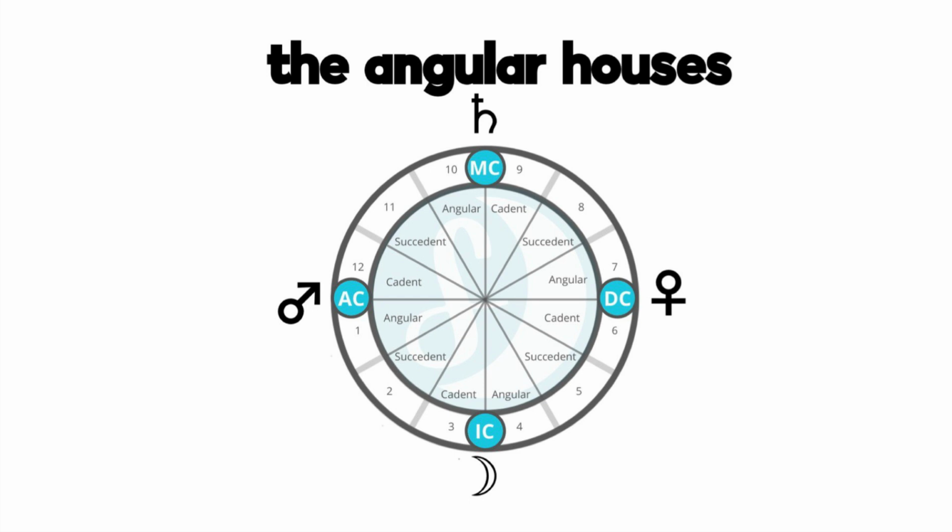The 10th is associated with our career, with our public persona. It is the authority we have in this realm, in the public. It can be about your father as well. We see a lot of people in the entertainment industry, for example, people who are in the spotlight, right?